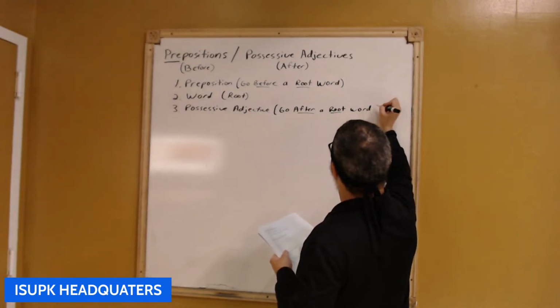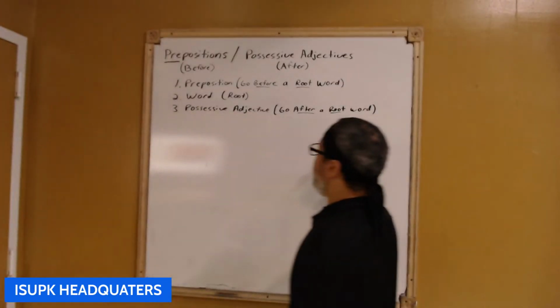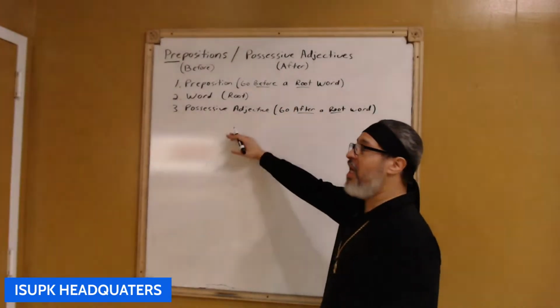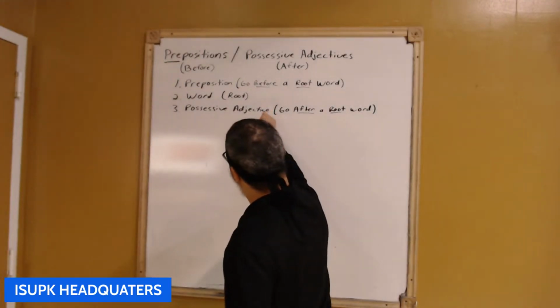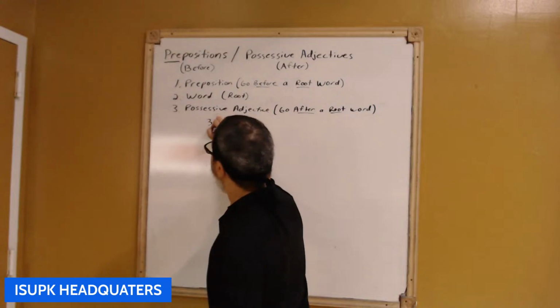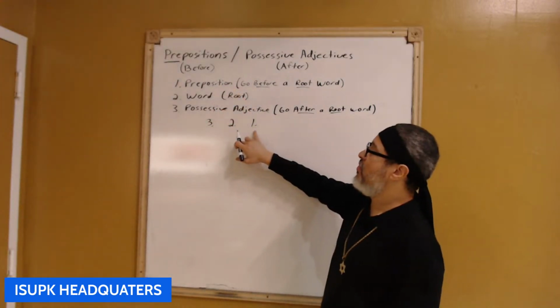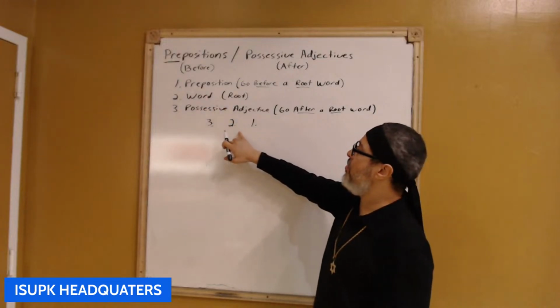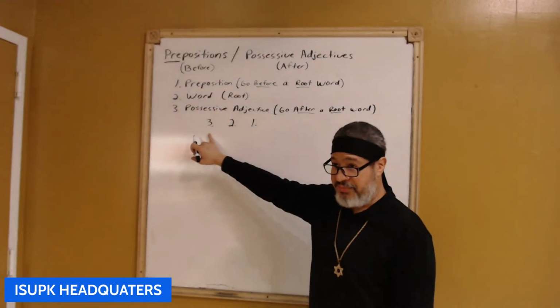When you're actually creating these words, it's done from right to left, in the sequence of 1, 2, 3. 1 is the preposition, 2 is the word, 3 is the possessive adjective.